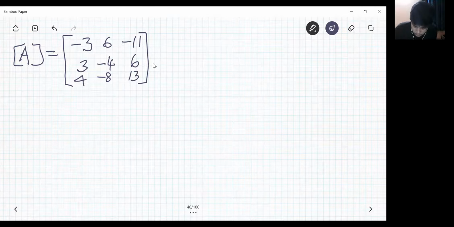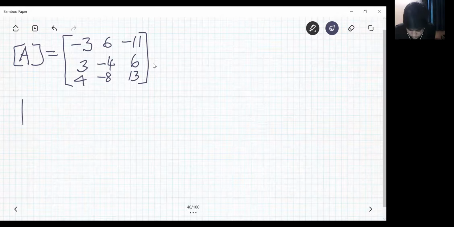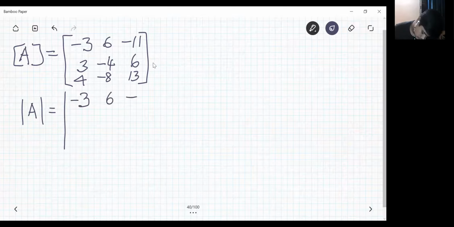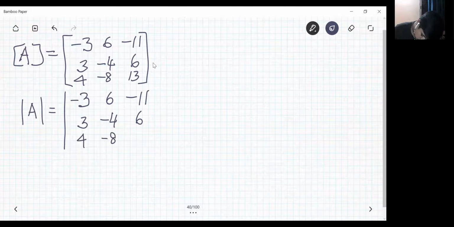Now, to find A inverse, first you have to calculate what is the determinant of A. Yes, sir. So find out what is the determinant of A. How much is this, you find out?